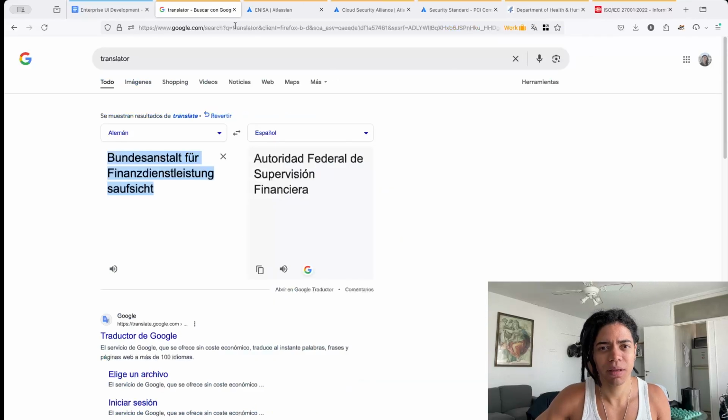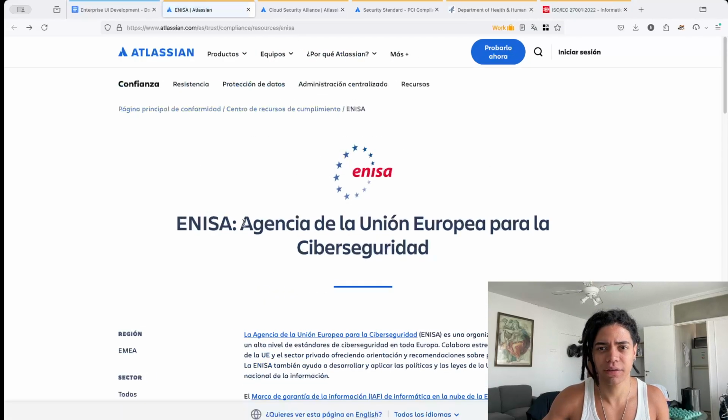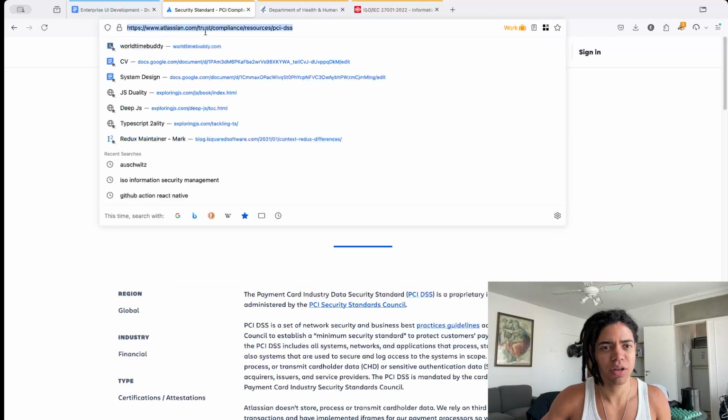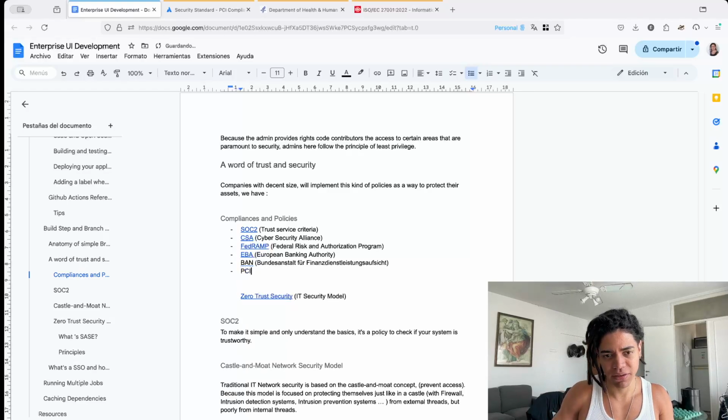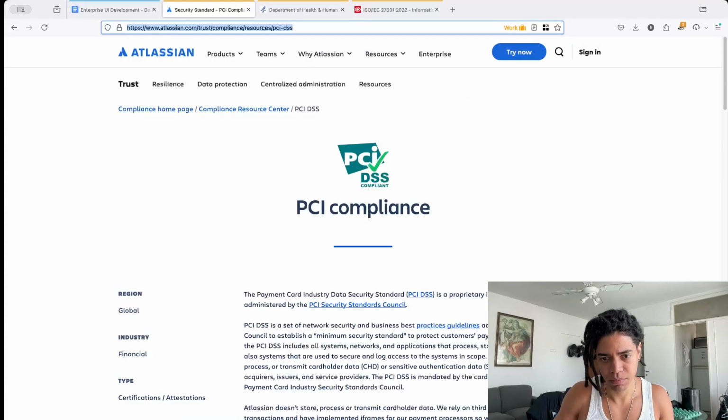Anyway, the other thing is the security compliance. This is something very, very important. PCI, because this is the Payment Card Industry compliance.